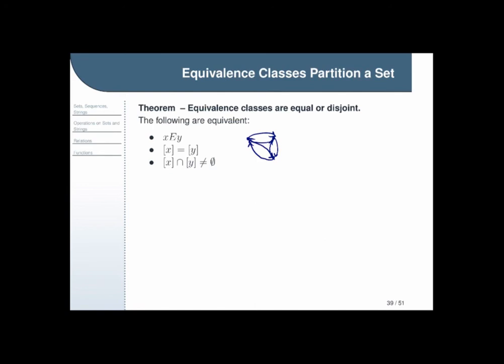So as a consequence of this, if x and y are not related by the relation E, then we can conclude that their equivalence classes are not the same. And furthermore, that their equivalence classes are completely disjoint, that the intersection of these two things is actually the empty set. These statements are all just negations of the statements above.